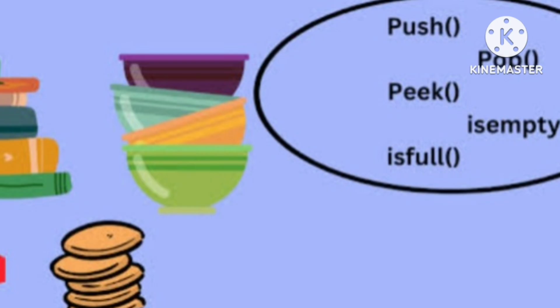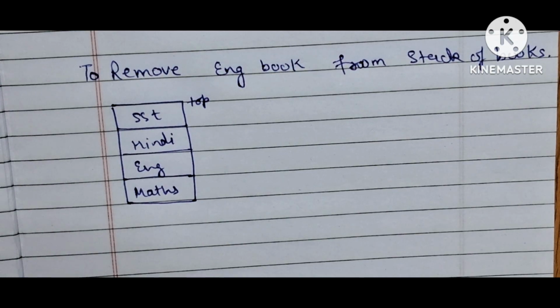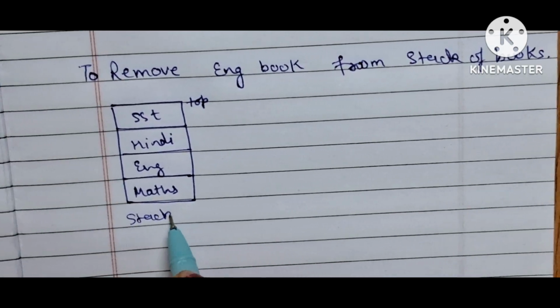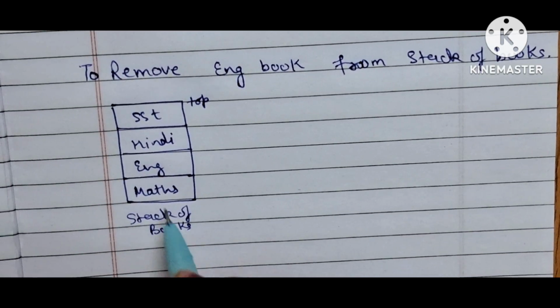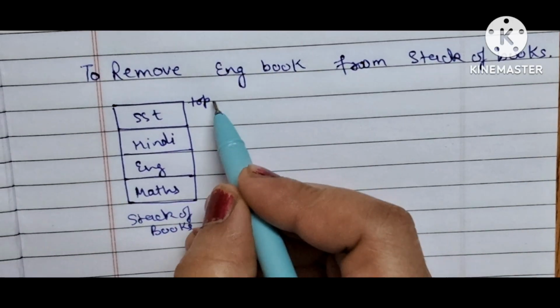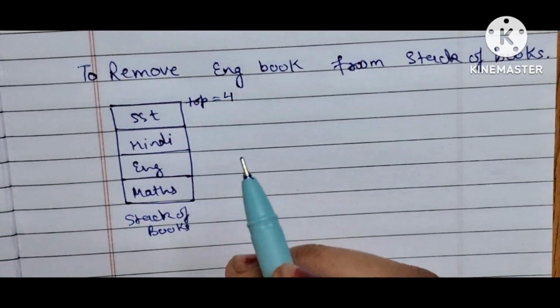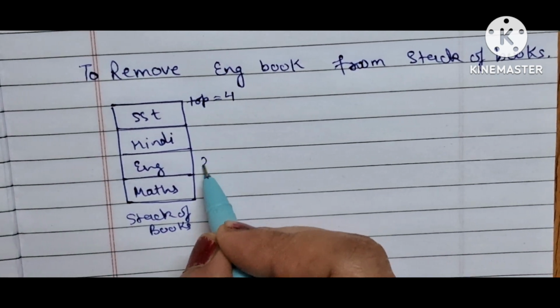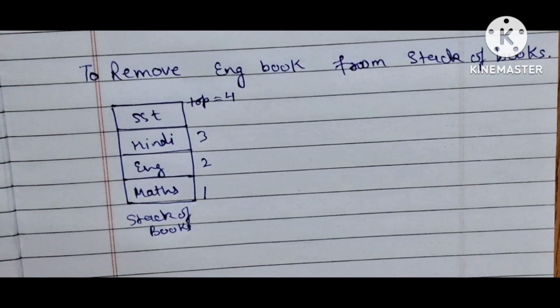Now let us understand the pop operation on the stack. To remove or pop out an element from the stack, we again consider the example of the stack of books. Now I have 4 books on the stack and my top pointer is 4, that is 1, 2, 3 and 4.